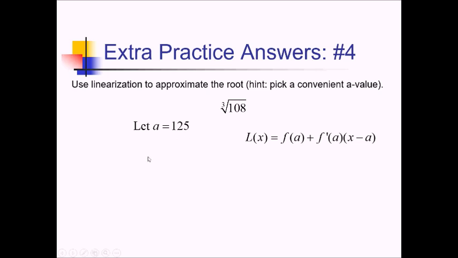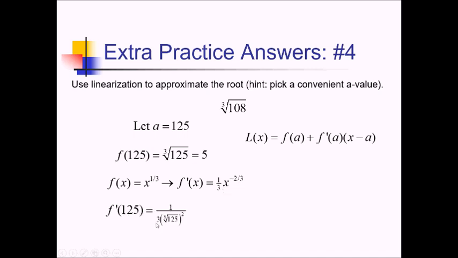So then f of 125 is going to come out to the cube root of 125, which is 5. And then for f prime, well, let me first write the f function. That's going to be x to the 1/3 power. So f prime is going to be 1/3 x to the negative 2/3. And then if I plug 125 into that, that's going to be 1/3 times the cube root of 125 squared.